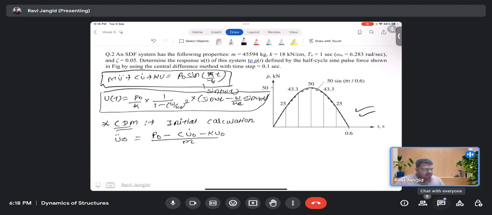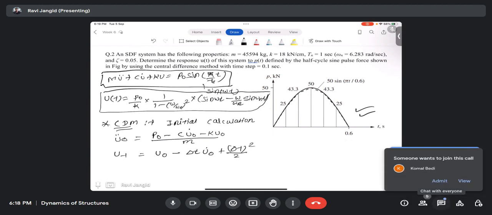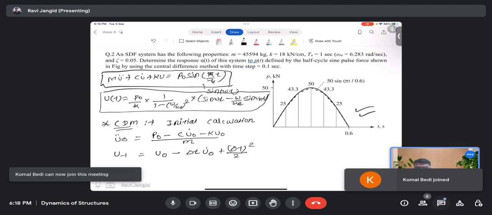Another is u minus 1, which can be determined as u naught minus delta t into u dot naught plus delta t square over 2 into u double dot naught.